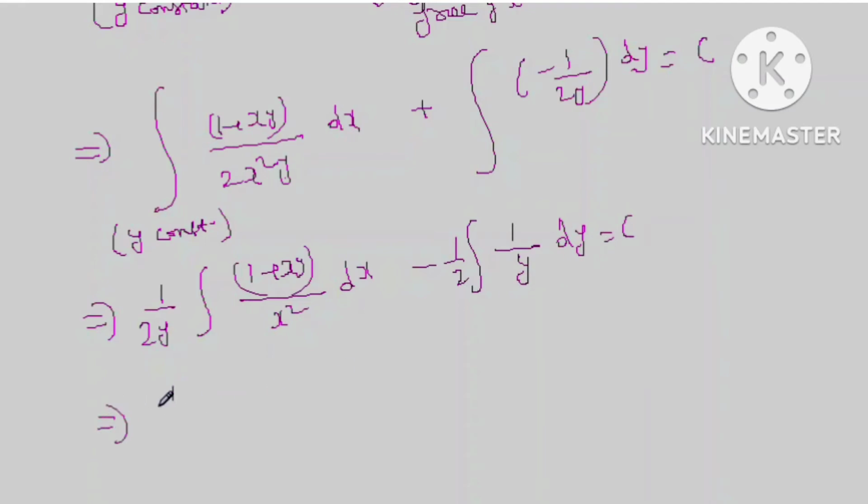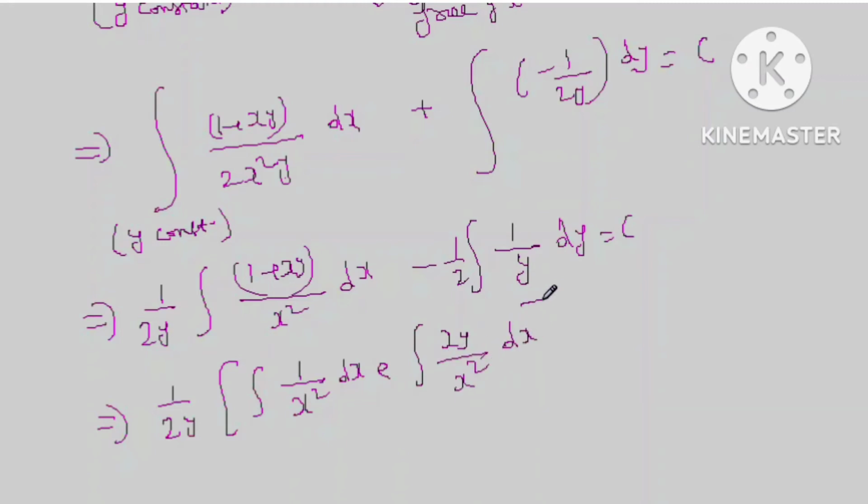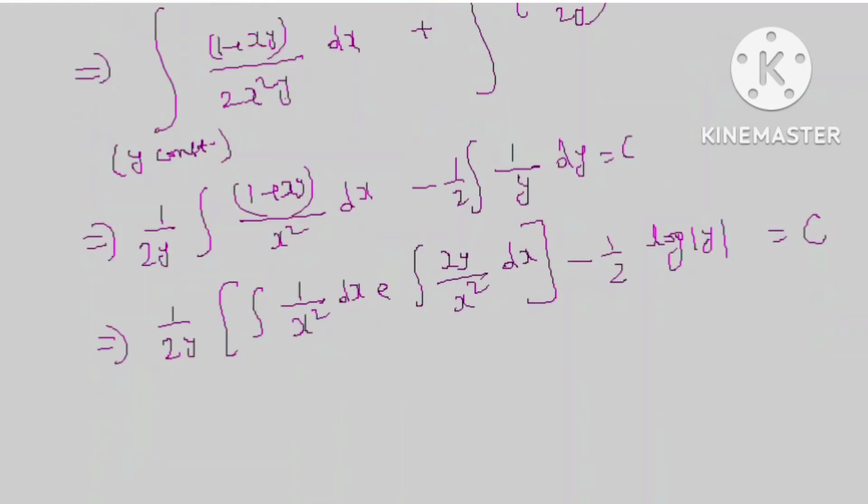So this implies 1 by 2y, we can write it as two terms: integral 1 by x square dx plus integral xy by x square dx, minus 1 by 2 integral 1 by y, which is log mod y, is equal to constant of integration c.